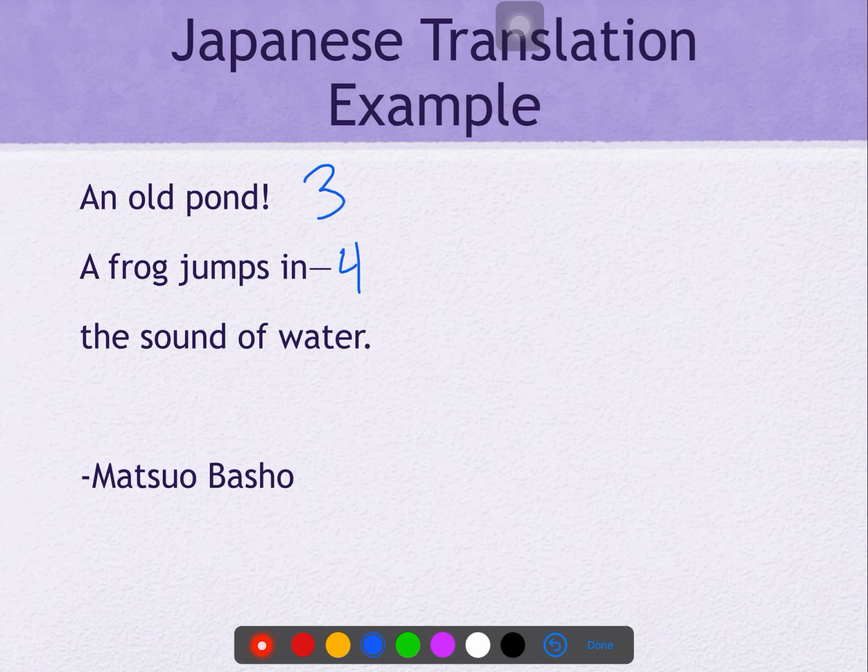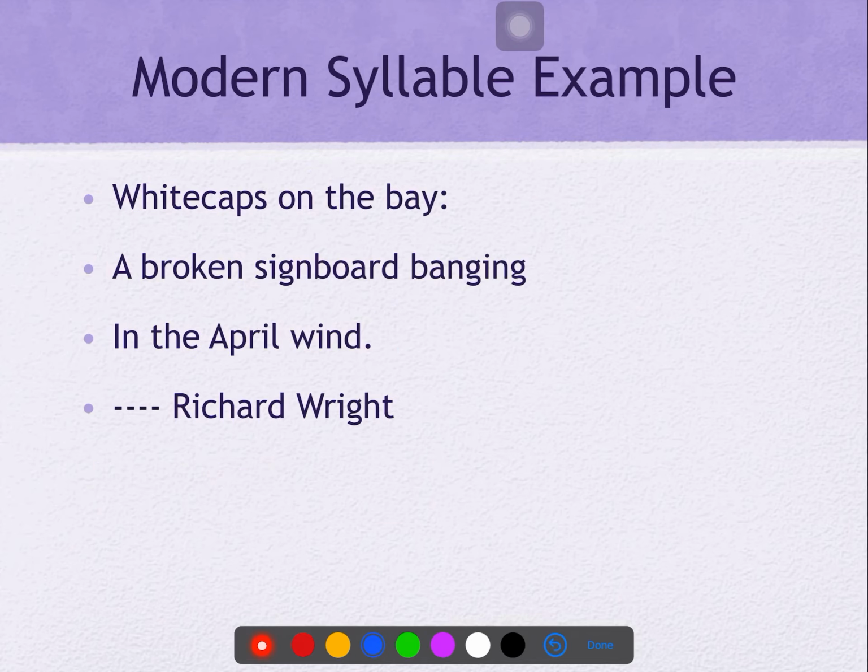And in my last one, I have the sound of water. That's also 4. Okay, but again, because this was translated from Japanese into English, it's not going to follow the 5-7-5 pattern. Okay? When we see one that was written in English to begin with, we have a more accurate syllable count. So I'm going to read this one time through.